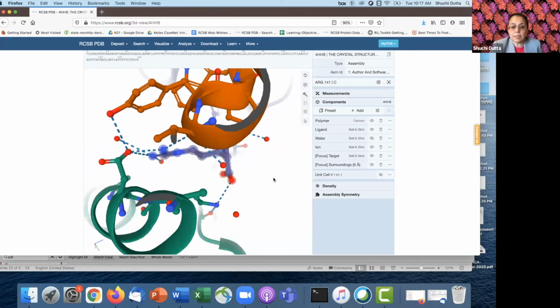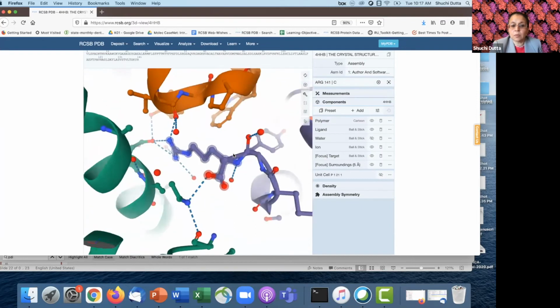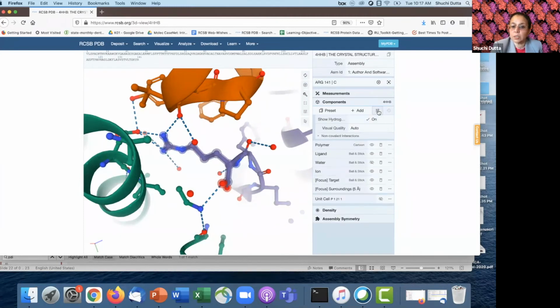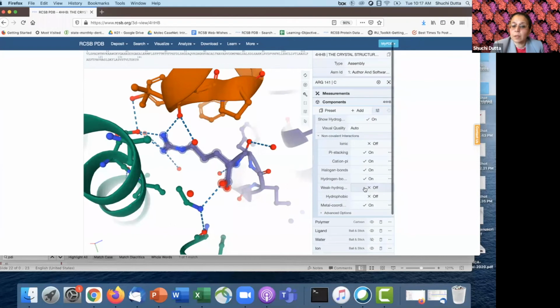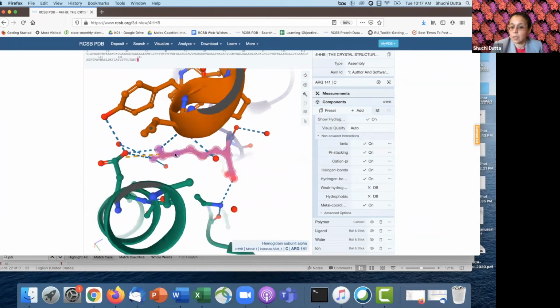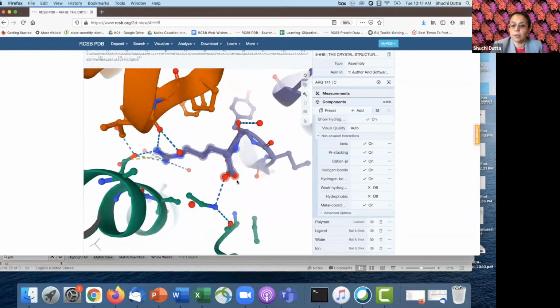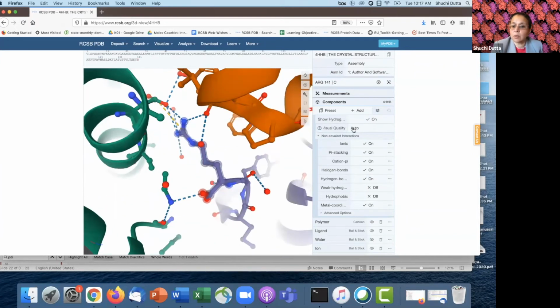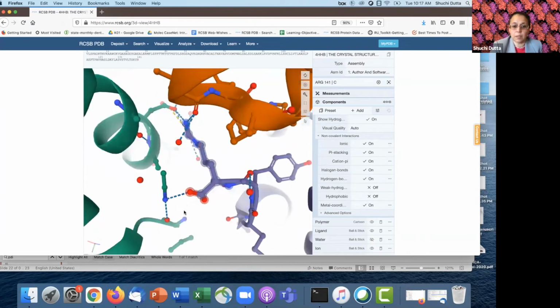And these interactions that we are looking at, what is displayed here are just these hydrogen bonding interactions, but you can change that. Ionic interactions are not shown here, for example. So I turn that on and notice this arginine to aspartate, there is an ionic bond. And you can turn on and off these various options and play with it and see what you find.